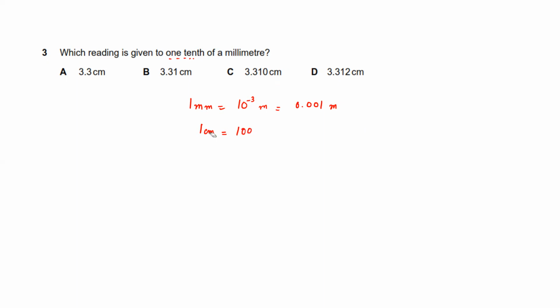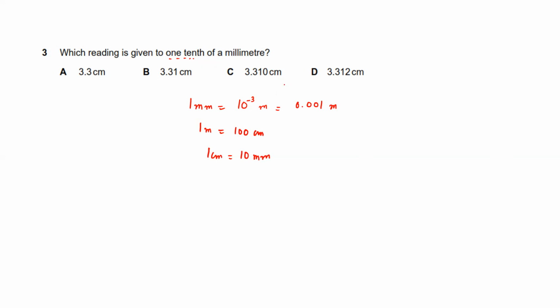So 1 meter equals 100 centimeters, and 1 centimeter is 10 millimeters. So this is how it looks.